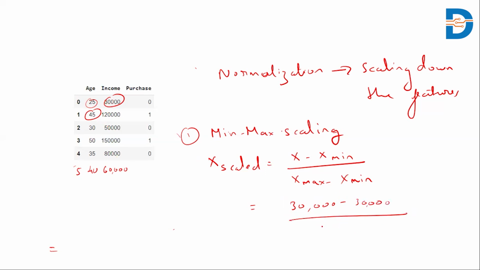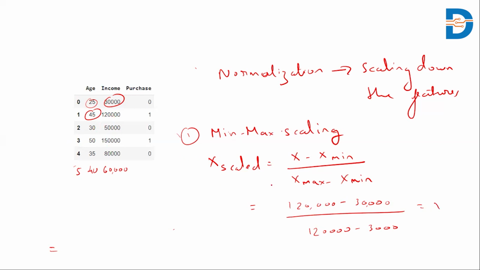It's going to be 1,20,000 minus 30,000, but the numerator is going to become 0. Let's look at 1,20,000 and see what happens. When you plug in 1,20,000 over here into the equation, this is going to become 1.